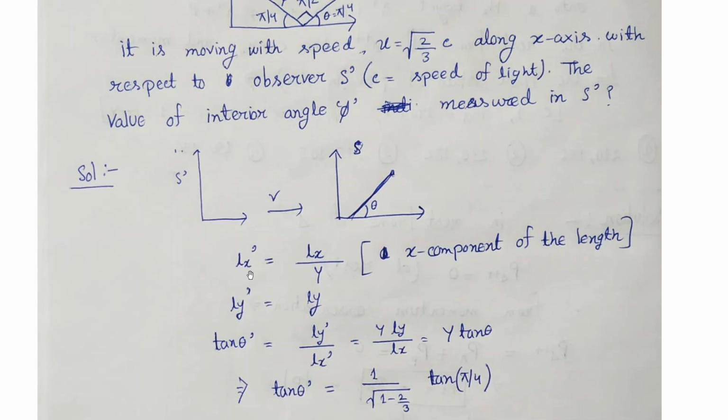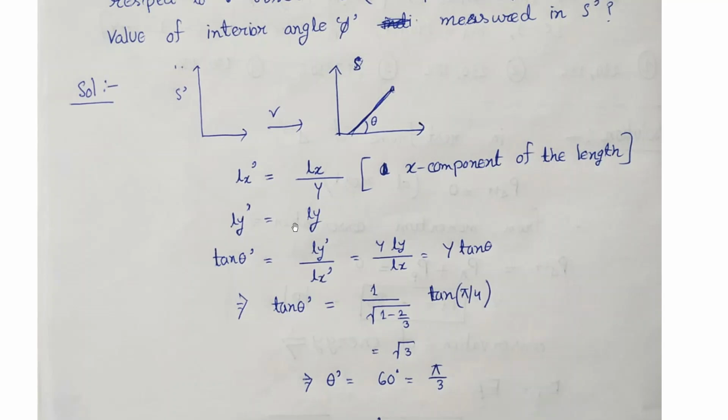So the contracted x component Lx prime is Lx by gamma, and Ly prime is not changed, Ly prime is Ly. So the angle viewed by observer S prime, theta prime, is related by tan theta prime equal to Ly prime by Lx prime, which is gamma Ly by Lx, equal to gamma tan theta. So this is the relation between the angles of observer S and observer S prime. We can now directly put in the values of gamma and tan theta.